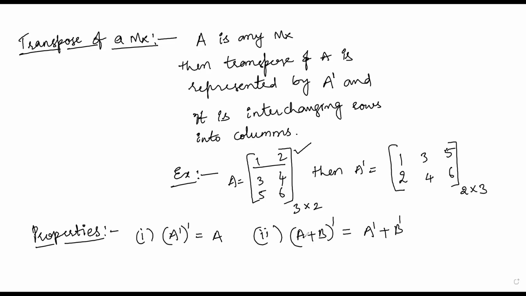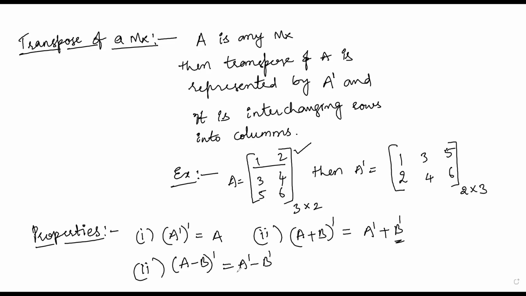You are adding corresponding elements, and then rows become columns or columns become rows. So we get the same answer. The next: (A minus B) whole transpose is A transpose minus B transpose.